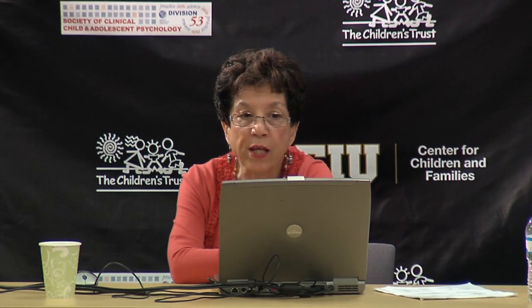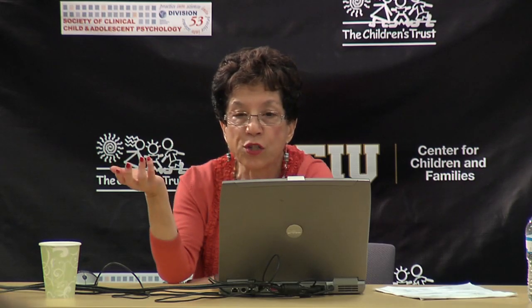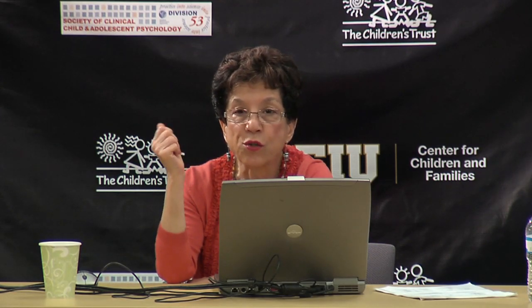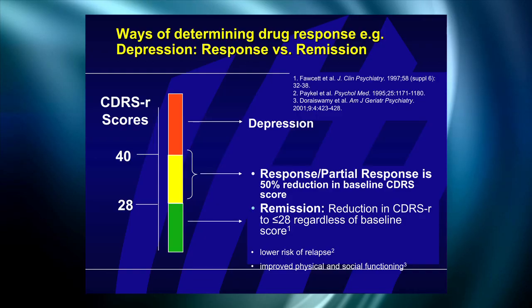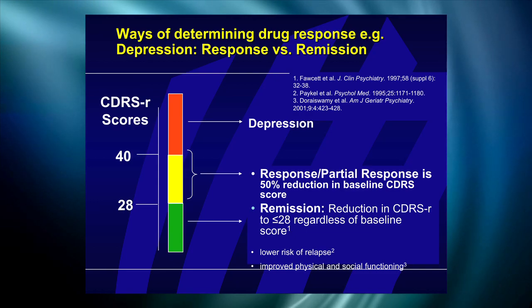The way people use the ADHD rating scale as a metric for determining ADHD response, or, as I was talking about yesterday, the Young Mania Rating Scale as the severity rating used in bipolar trials. The Child Depression Rating Scale, the CDRS-R, is the metric that gets used for depression severity.